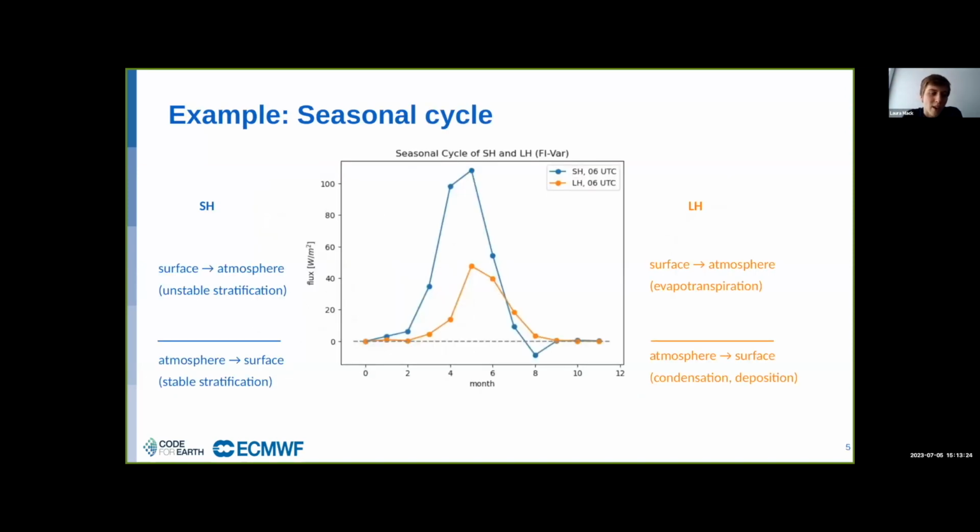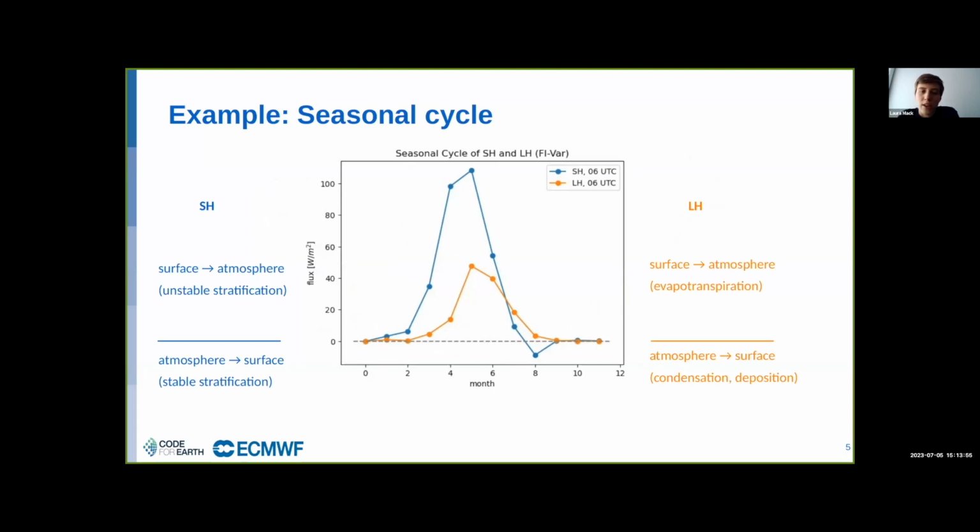As an introduction, here is an example for a general seasonal, or also quite similar diurnal, cycle for sensible and latent heat flux. You can see on the x-axis the month and on the y-axis the flux in watt per square meter. On first order, this follows solar radiation. The positive sensible heat flux means that we have unstable stratification, and the positive latent heat flux means that we have evaporation or transpiration from plants.